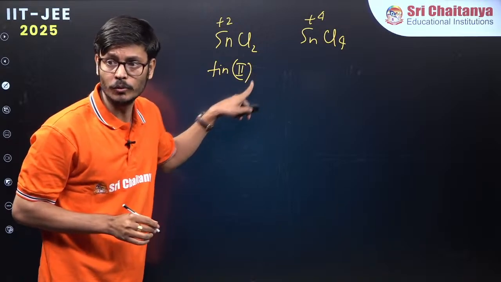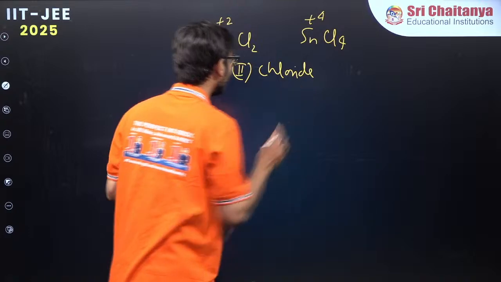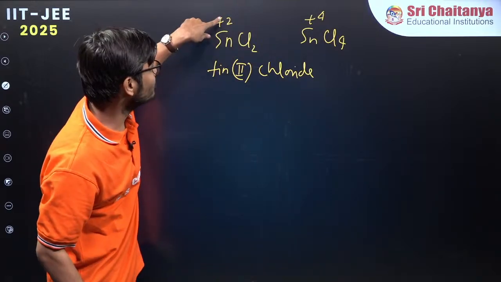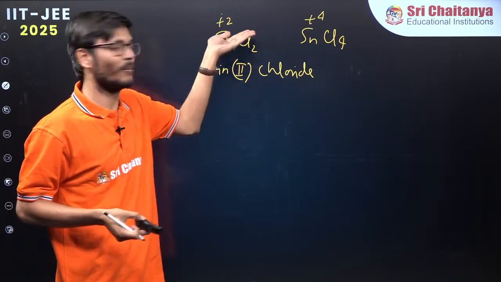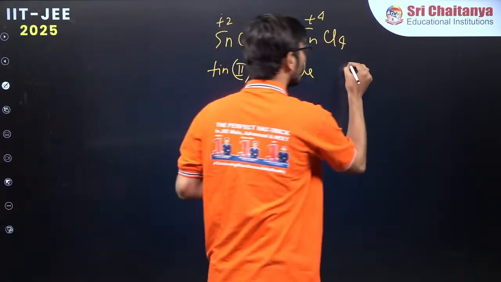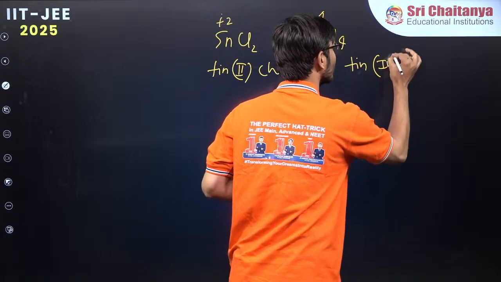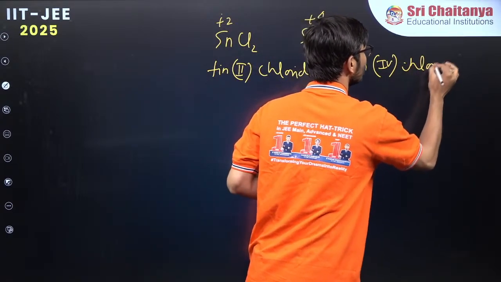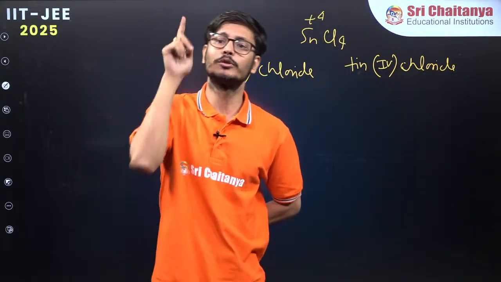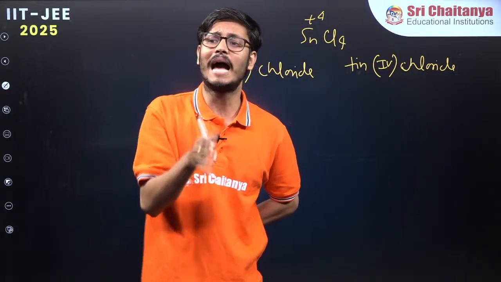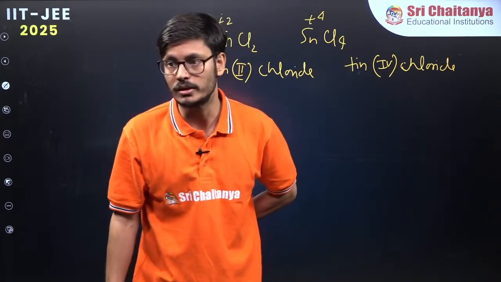So write in brackets 2, and then chloride. Tin(II) chloride. That means on the tin there is +2 charge, therefore 2 chlorides should come. So you can write the formula. For the other, we write tin, in brackets the charge in Roman numerals 4, and then chloride. Stock nomenclature is applied for those metal ions which carry more than one kind of charge.